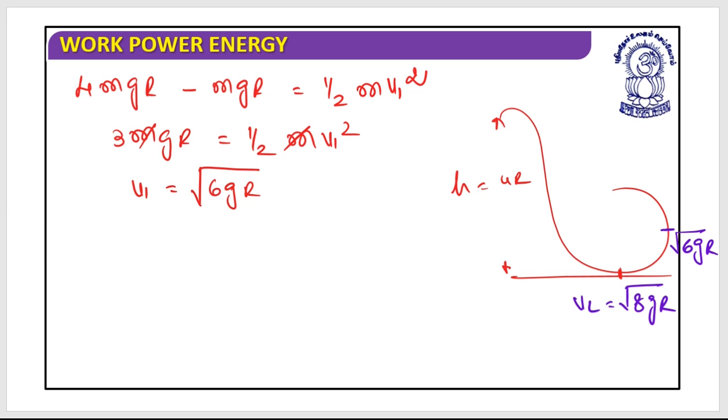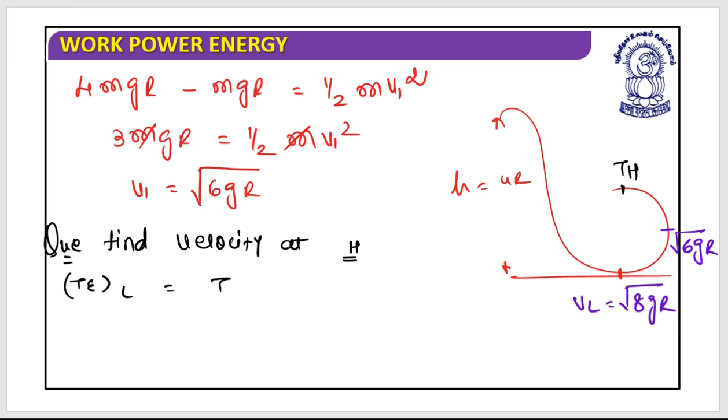Now again I want to add one thing. Let's say this is the highest position. Find the velocity at the highest location. So how will you do it? The total energy at the least position is equal to the total energy at the highest position.